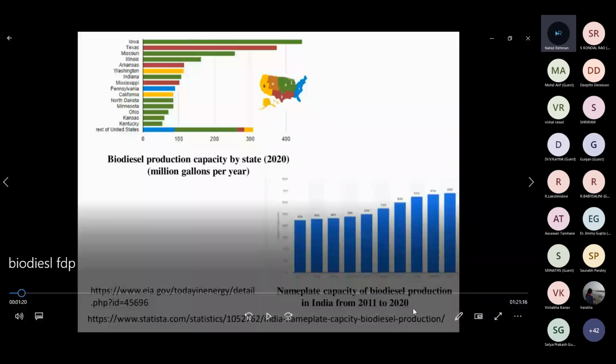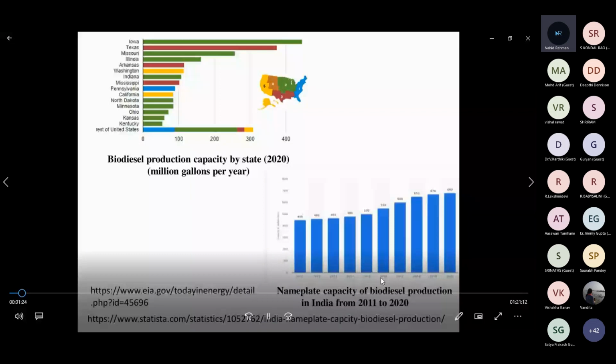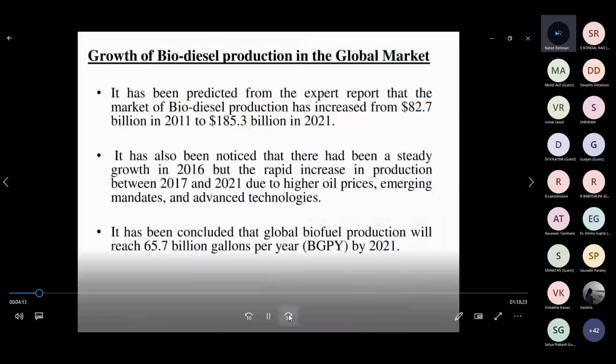Similarly, in India, the year-wise production of biodiesel from 2011 to 2020, we are not producing it at a large and continuous rate, but it is okay. We need to improve it, and for that, again, the initiative from the government has to be taken up. I told you that in the policy it has been decided that 5% blending of biodiesel is recommended in the diesel which is being used.